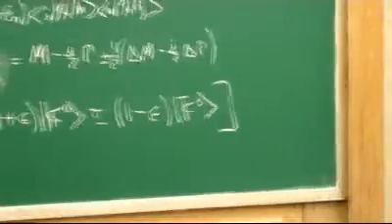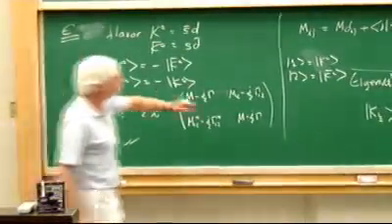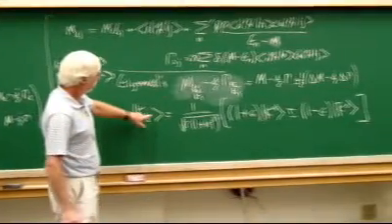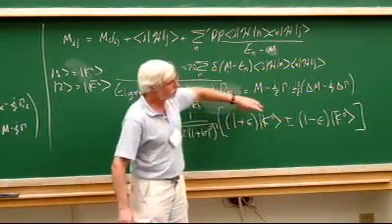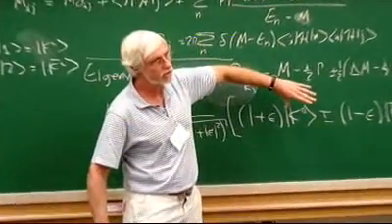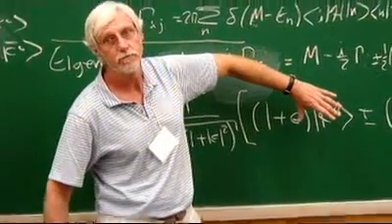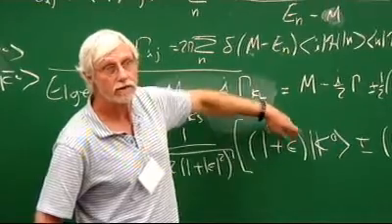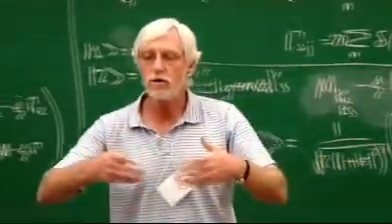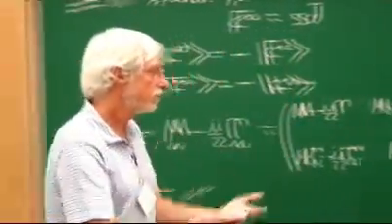So here's what we've done. I'm doing two things. One is I want to point out that if epsilon were 0, this would be just the sum and the difference of K0 and K0 bar. This would be CP eigenstates. So epsilon, as I said, is what measures the failure of CP to be a good symmetry.